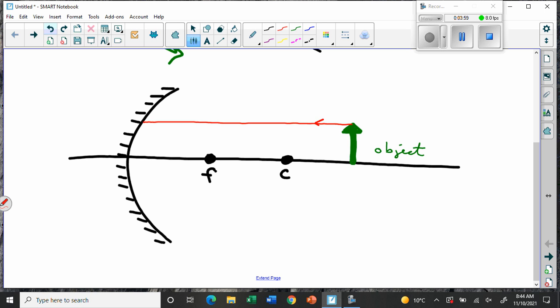So there's one incident ray of light that could come off the top of the arrow. And the rule is, since it's parallel to the principal axis, remember this line down here is the principal axis, it's just a reference line, it's not a real thing, that means that it will bounce in a direction that is going through the focus, or on a line through the focus.